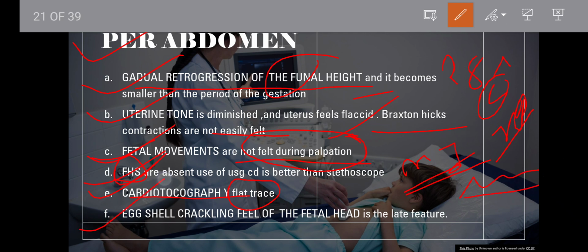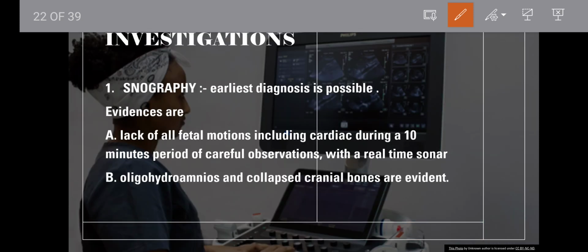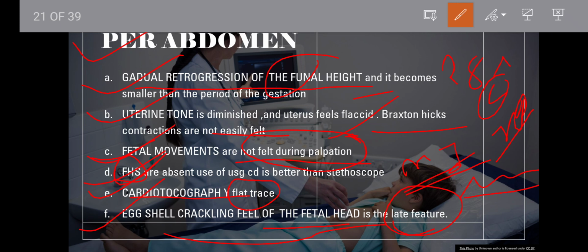The other examination finding is eggshell crackling feel of the fetal head. This is a late feature, but sometimes you feel that. So these are the points that you look for in case of intrauterine fetal death.